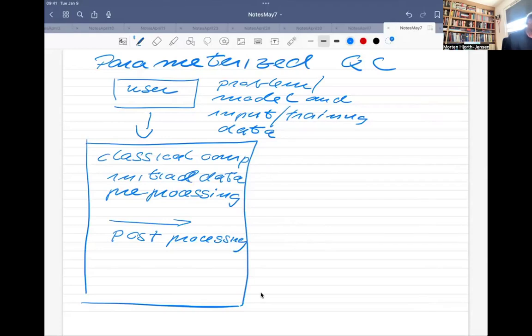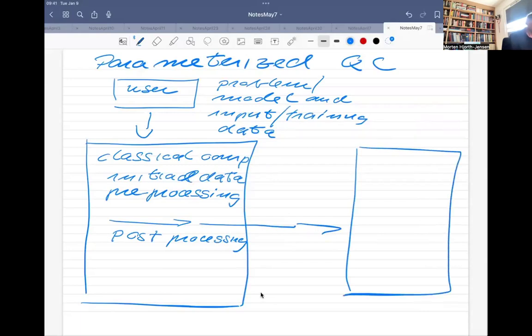So if we now look at what's done here, this moves over to the quantum mechanical part when we now have done the classical initialization of the data. So in here, we would now set up a parameterized quantum circuit with different parameters.